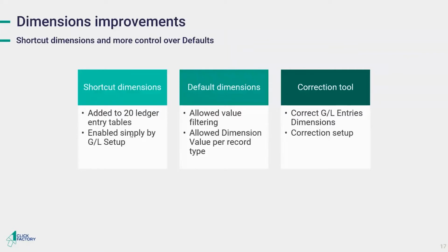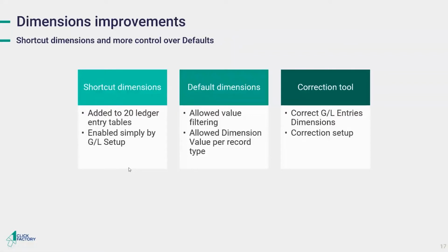So in this short demo, Microsoft has provided a few changes around dimensions. One of them is shortcut dimensions, which can now be easily accessed in most of the ledger entry tables.